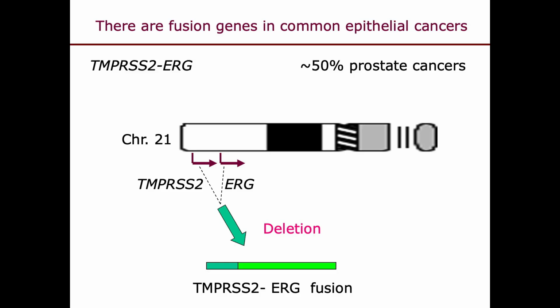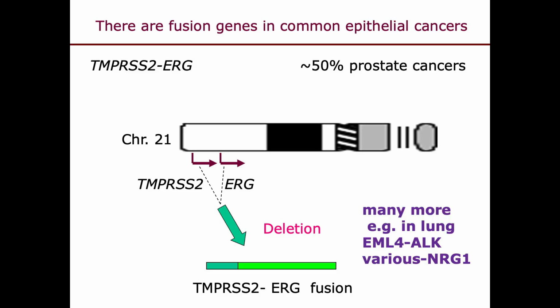And because prostate cancers are the commonest human cancer of all, probably, this is clearly the commonest known human fusion gene. There are now many more examples of fusion genes in common adult cancers, although none are quite as abundant, as far as I know, as the TMPRSS2-ERG one.